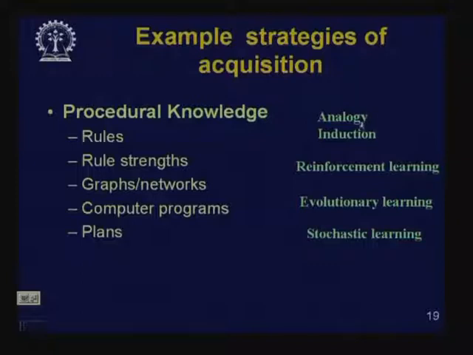And then we can also have analogy or induction to learn rules. We can have reinforcement learning to learn plans or strategies, or what you call policies, evolutionary learning, stochastic learning, etc. So, there is a wide choice of learning strategies, learning programs, and a few of these we will be studying in this course.